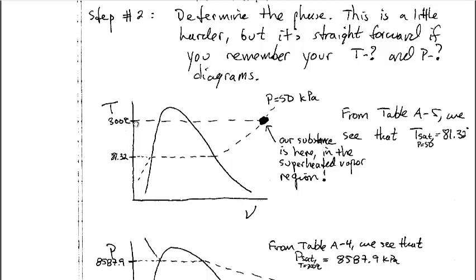Because my substance is somewhere along this line of 300 degrees Celsius and somewhere along this line of 50 kPa, my substance is going to be where those two lines intersect, which is right here. So our substance, based on this analysis on the T-v diagram, is in the superheated vapor region.